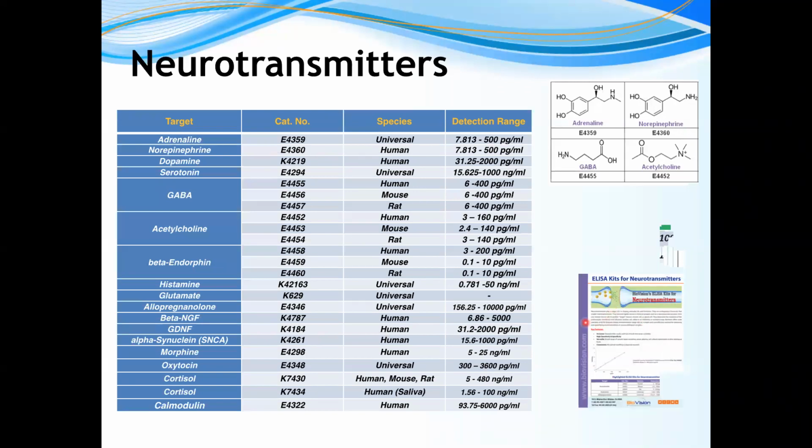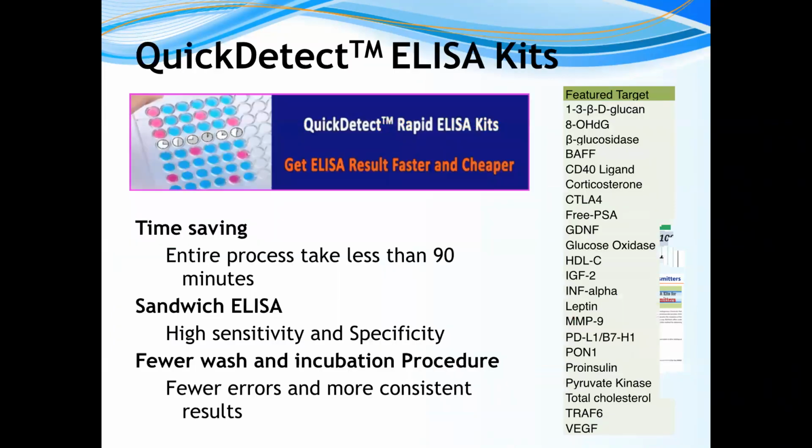At last, I would like to talk about our product line of ELISA kits called Quick Detect ELISA kits, which are highly optimized to offer a short overall experiment time.